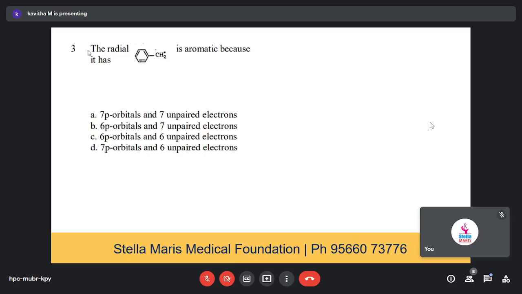In CH2 you have one more unpaired electron, right?